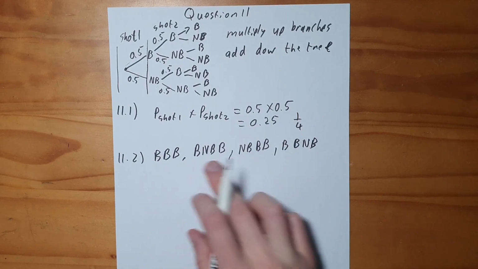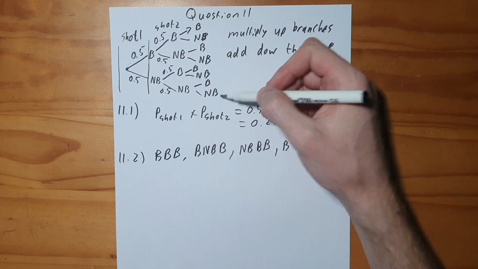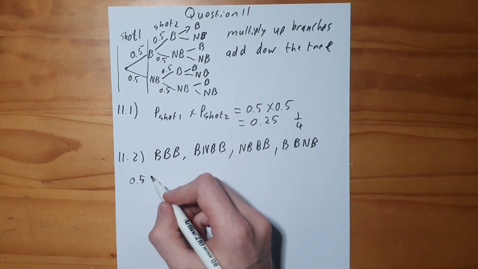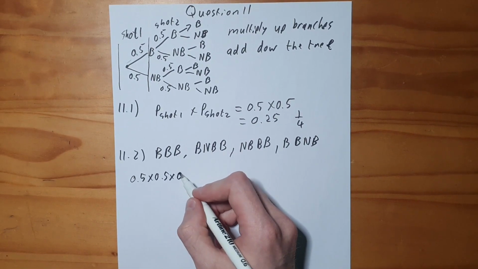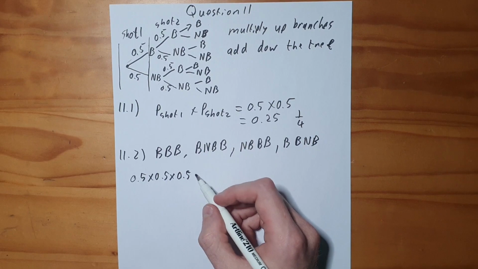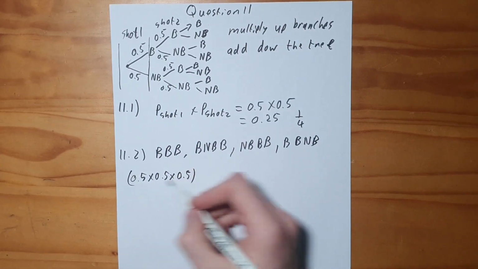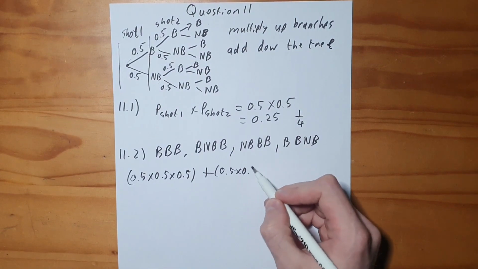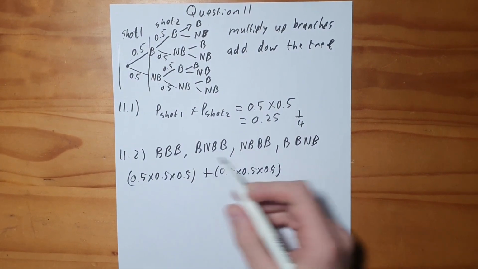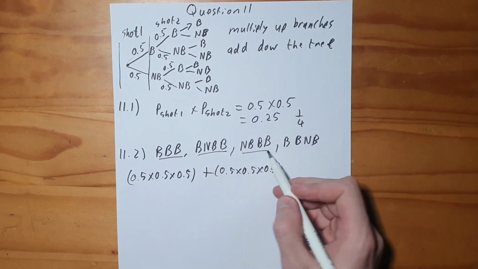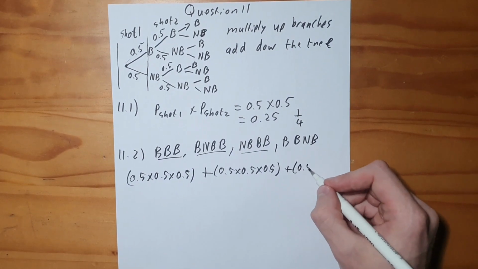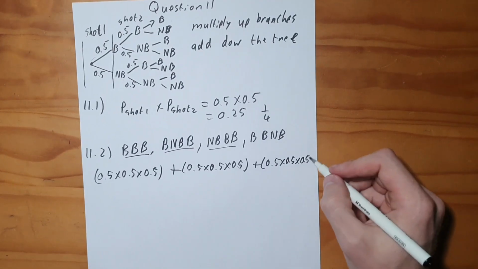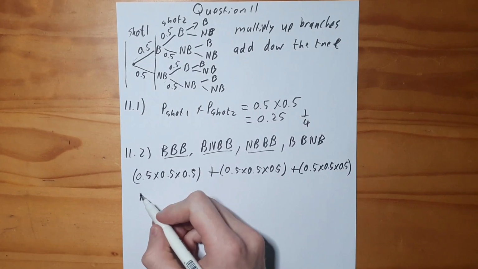So we're going to sum up all the branches moving down. Over here, it's going to be 0.5 times 0.5 times 0.5. Then we are going to add all these, so 0.5 times 0.5 times 0.5 again for this one. Next one, again, there we go, and then the last one.